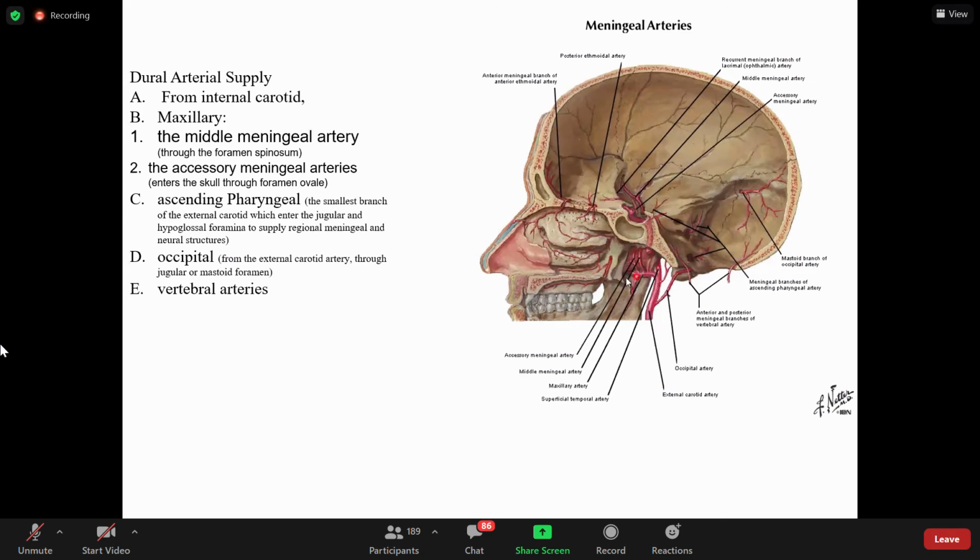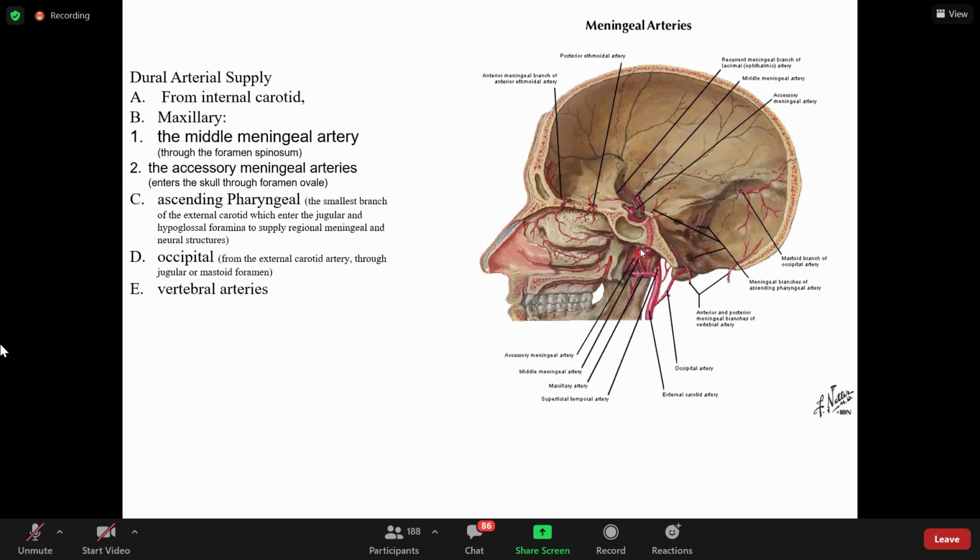Middle meningeal artery is a branch of the maxillary, which is a branch of the external carotid. So external carotid is going to terminate within the substance of the parotid gland into two terminal branches, maxillary and the superficial temporal. Okay, from the maxillary we'll have the middle meningeal artery. This is the main artery that will supply the meninges and the dura mater.